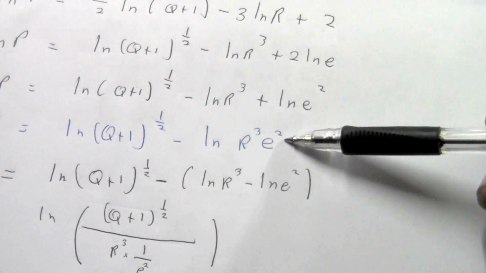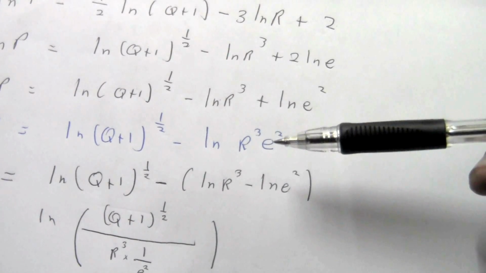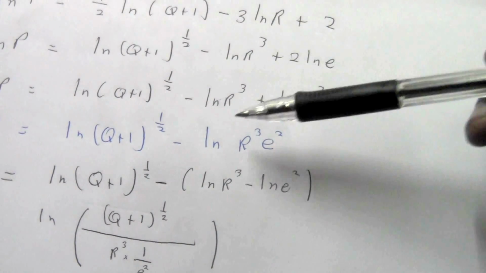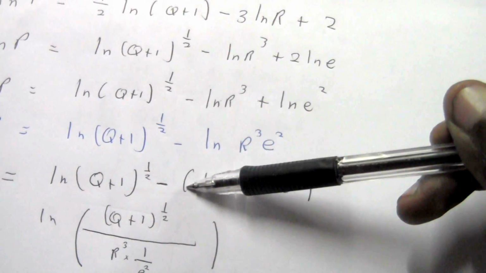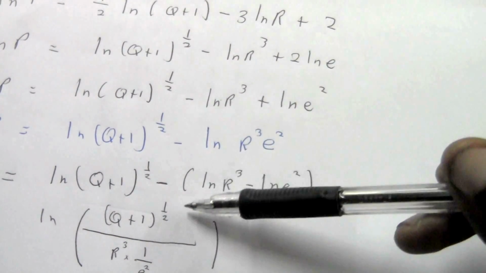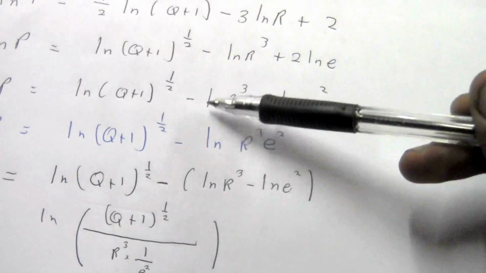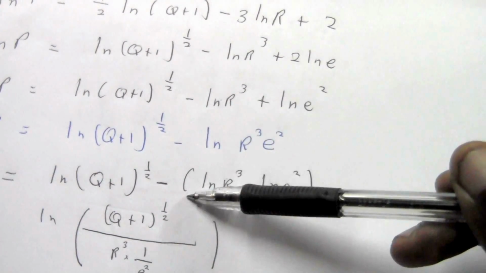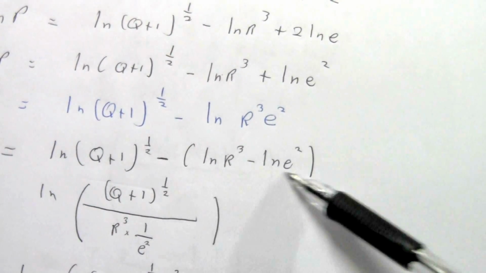What you could do is use the rule: if you have a minus sign, you can make everything to the right of the minus sign one term. So I factorize this out. This is the same as that, that is the same as that. So I do this minus all of this.